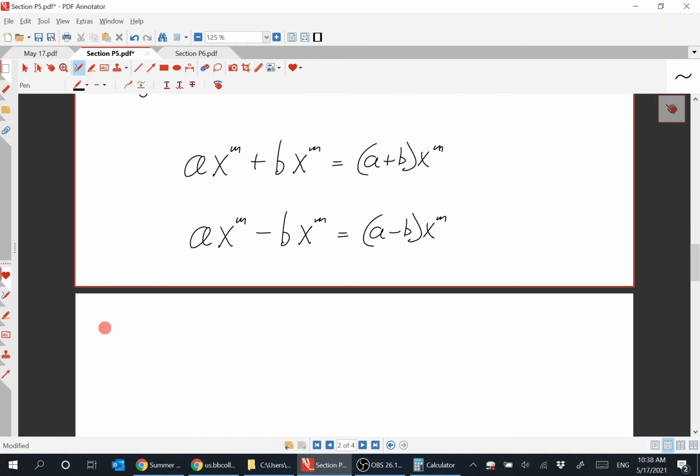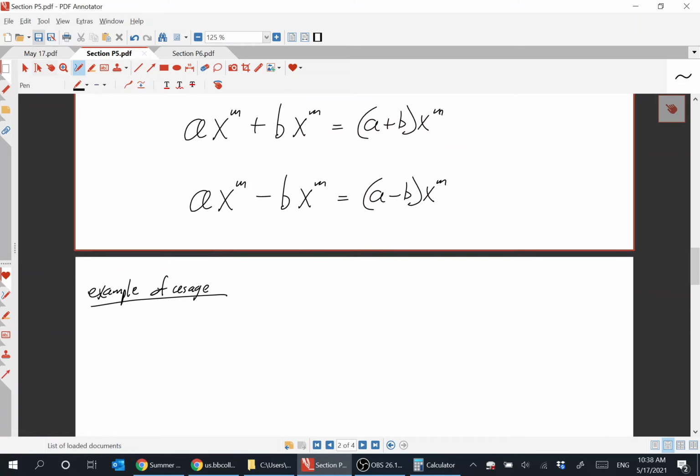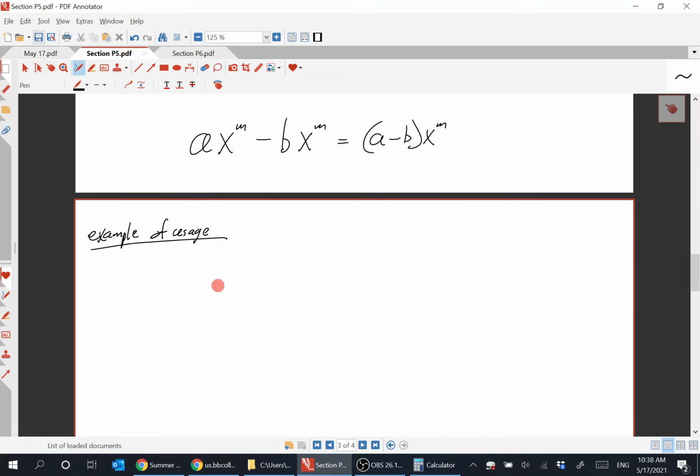Probably you've seen this stuff already, I imagine. All right, so in examples of usage, let's say 6x to the third minus 2x squared plus 10x minus 8 plus 3x to the fifth minus x to the third minus 2x.